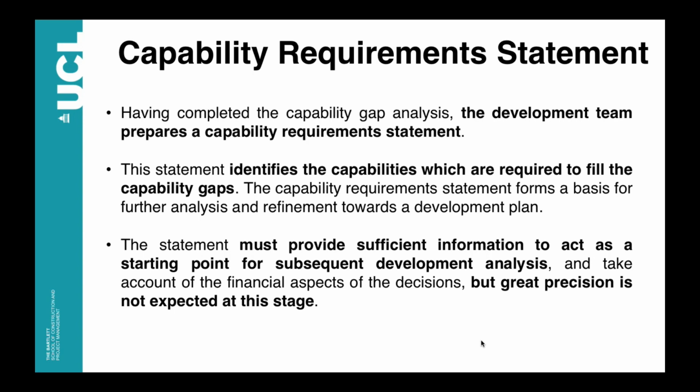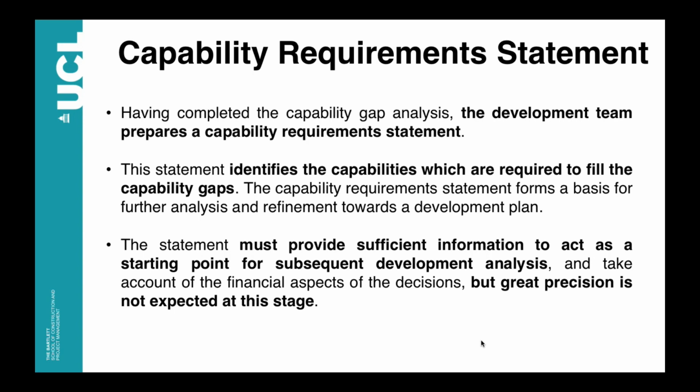This statement must provide enough information to act as a starting point for subsequent development analysis. Not very precise details are expected. For example, a capability requirement statement may specify that a fashion retailing company will be required to acquire new buildings in China to support its expansion strategy in that country.